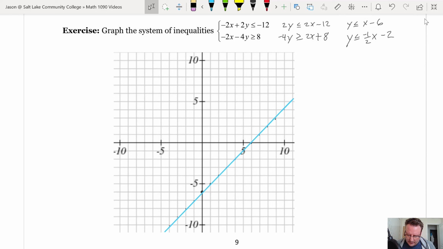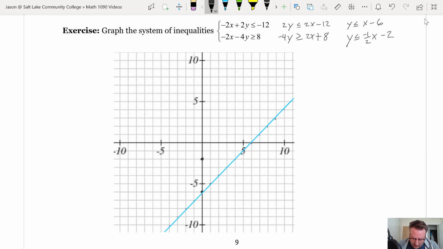The next inequality, I want to graph the line y equals negative 1/2 x minus 2. That would give me a y-intercept of negative 2, which is right here, and a slope of negative 1/2 means I rise negative 1 when I run 2.